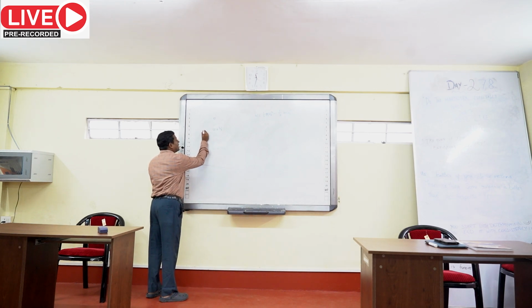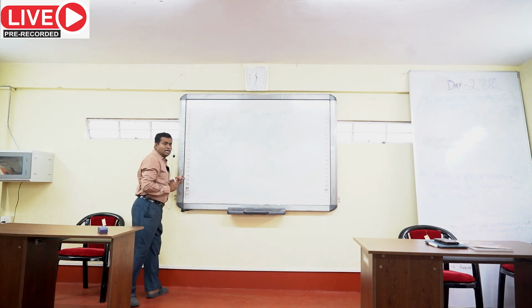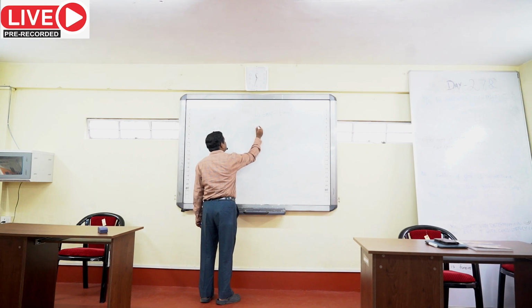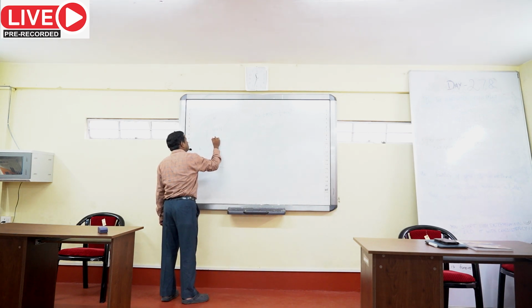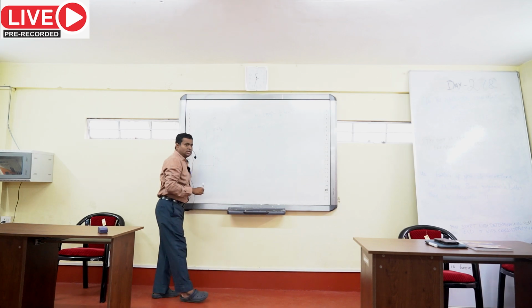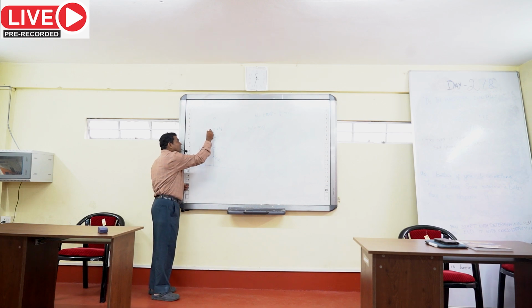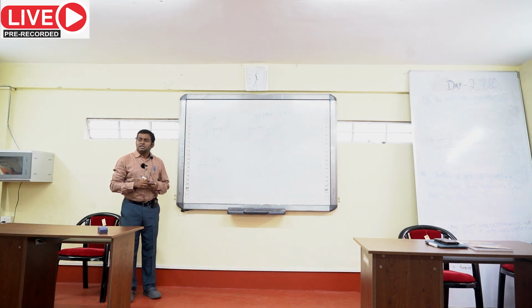Suppose the height of the body at this initial position above the ground is h1 and height of the body above the ground at this second position is h2. Then I can write this work done equal to force of gravity that is acting downward, mg, and the displacement of the body from this point to this point is h1 minus h2.